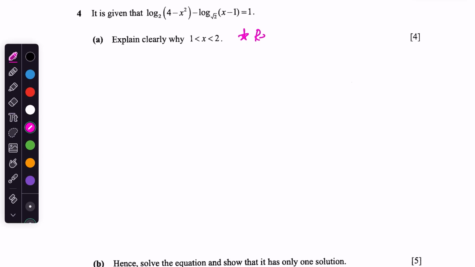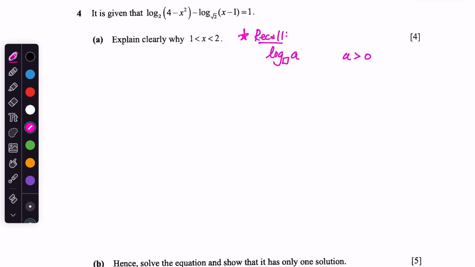Whenever I have a logarithm, doesn't matter what base it is, whatever the argument is, let's just say a, a must be more than 0. It must be positive.